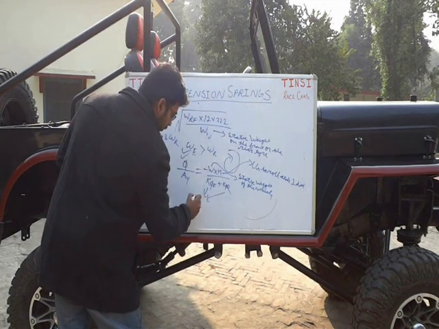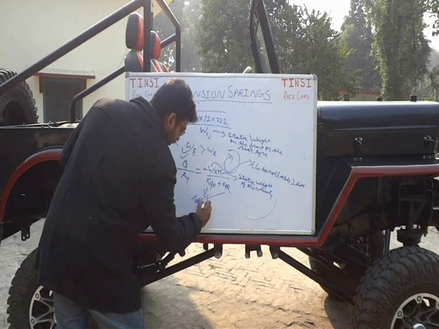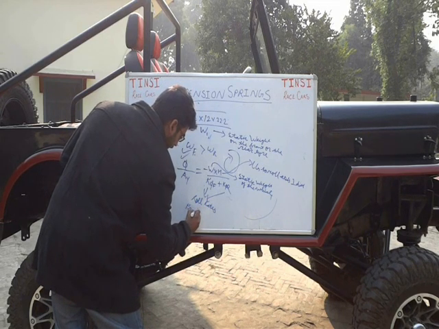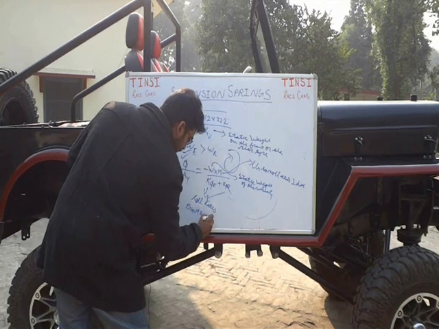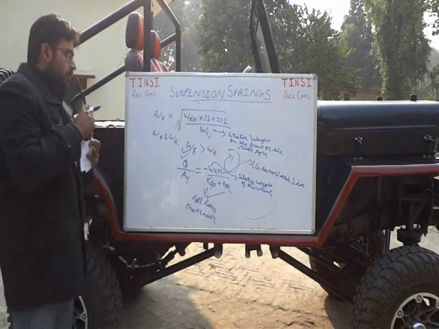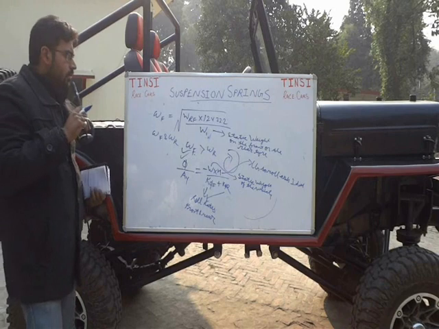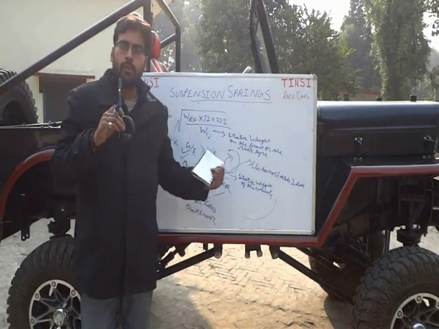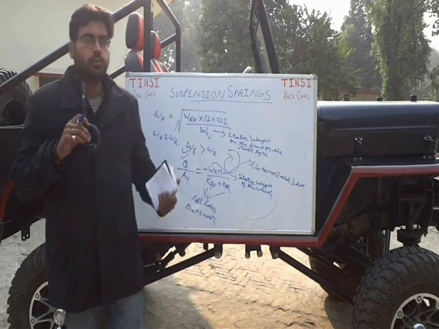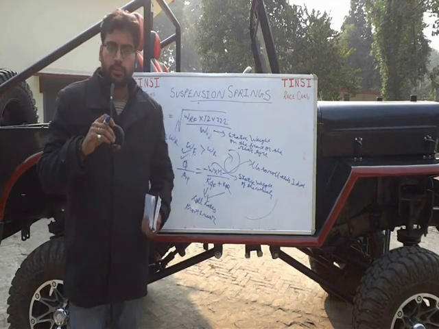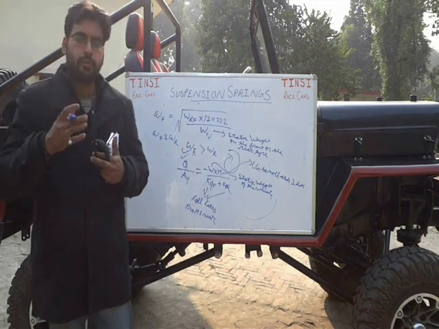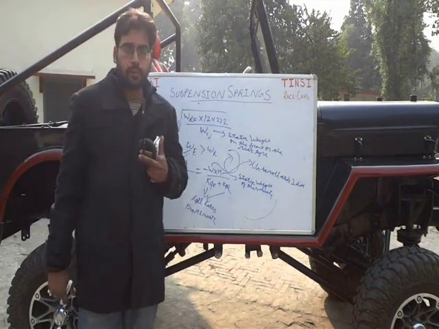These two are your roll rates, front and rear. So by this calculation, you know exactly, from the assumptions that you have made of the roll and ride rates, how much your car is rolling. So you can get a feel of what your steering is doing, meaning whether the driver is able to control it or not, the response of the vehicle. You can get a feel of it from here.